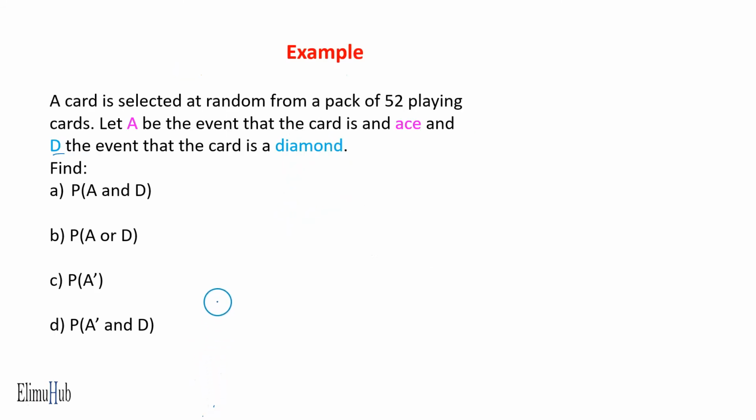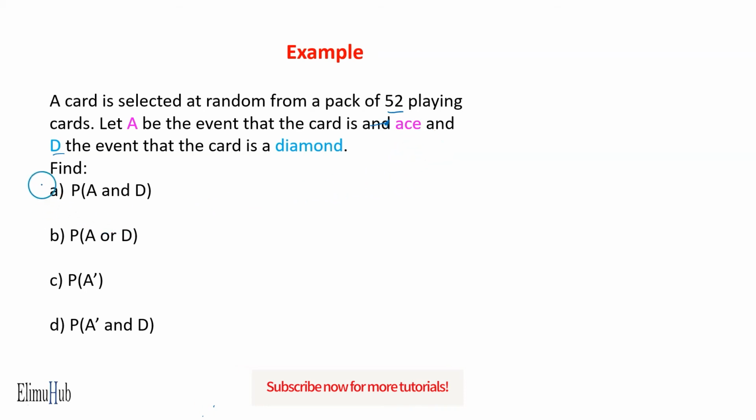Right, now let's do a quick example. A card is selected at random from a pack of 52 playing cards. Let A be the event that the card is an ace. And D is the event that the card is a diamond.